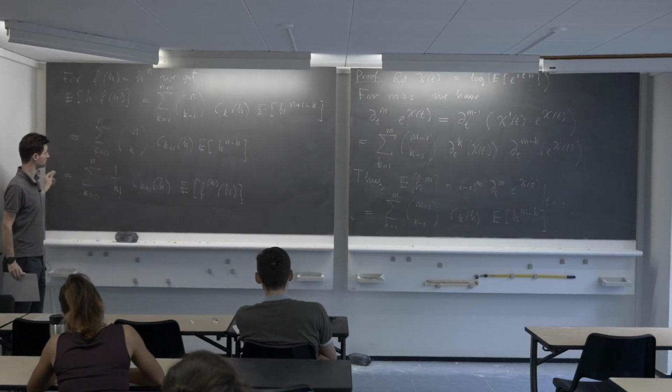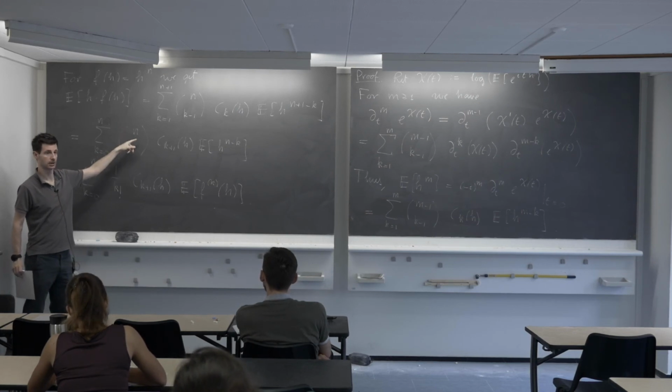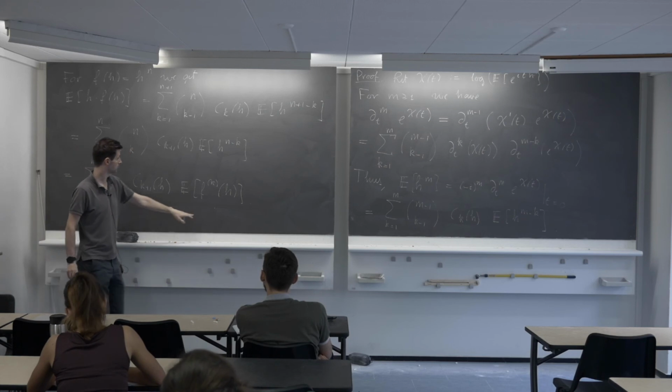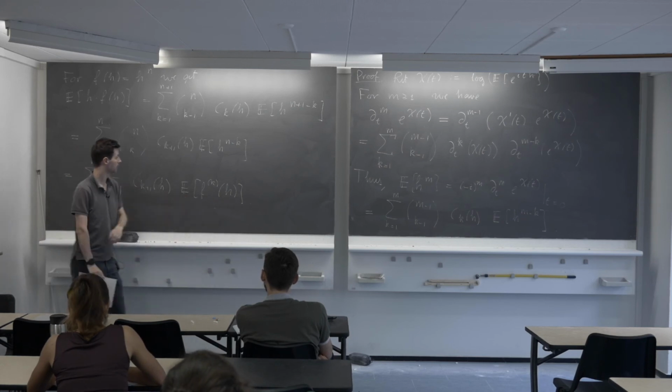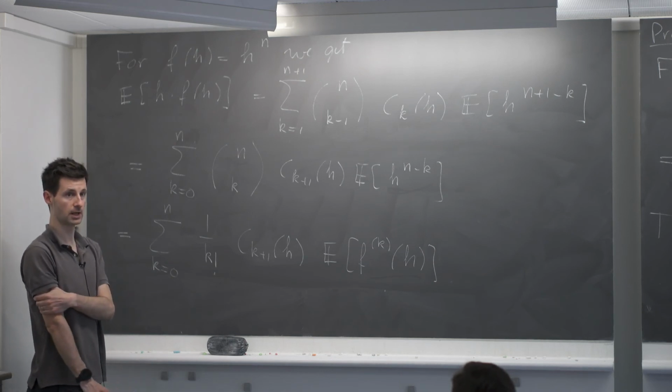So this is just n times n minus 1 times all the way down to n minus k plus 1, which is exactly what you get if you differentiate h to the n, k times.